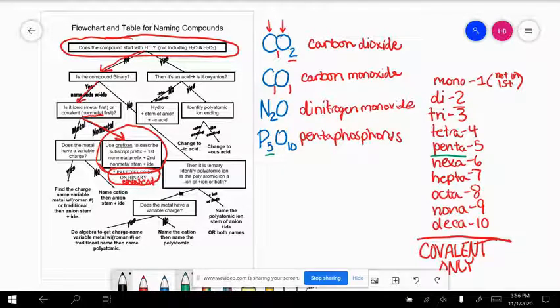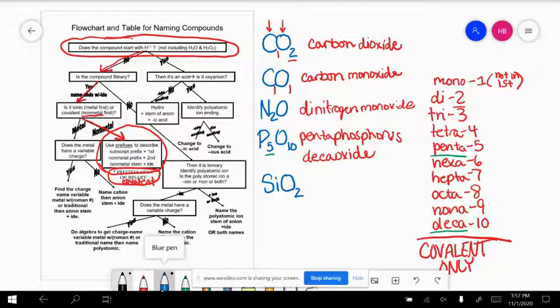Then we're going to go to oxygen. Oxygen is 10. So its prefix is deca. So it's pentaphosphorus decaoxide.